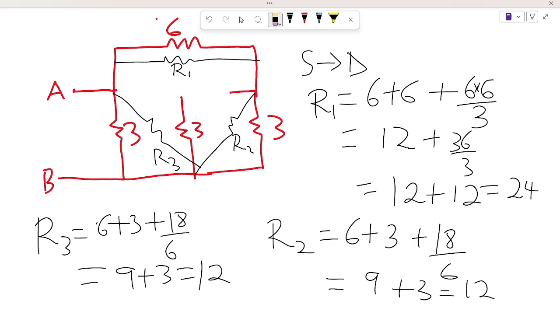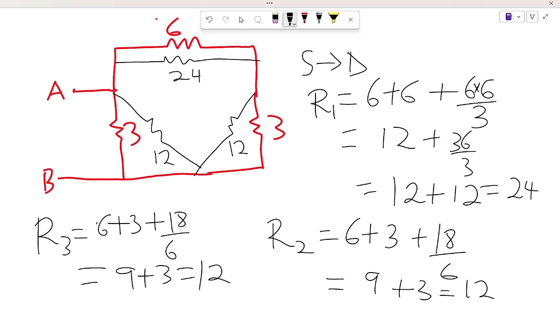Then we put in our new values. So our R1 is 24 instead. And our R2 was 12. We have this to be 12. And we have this to be 12 as well.